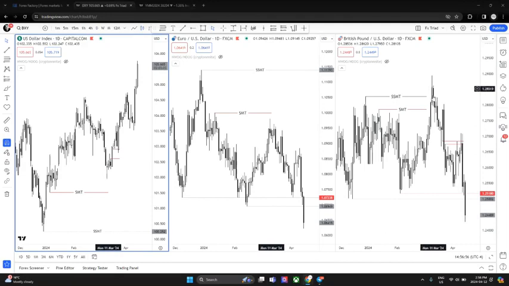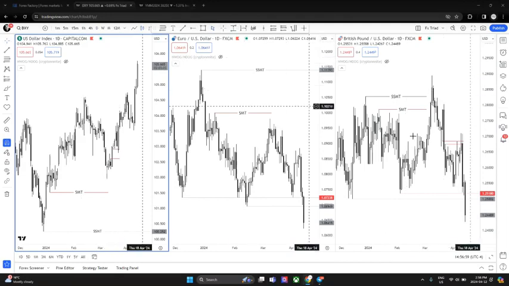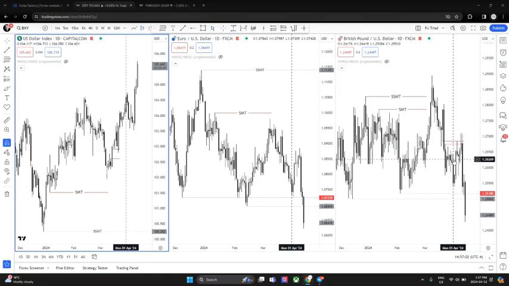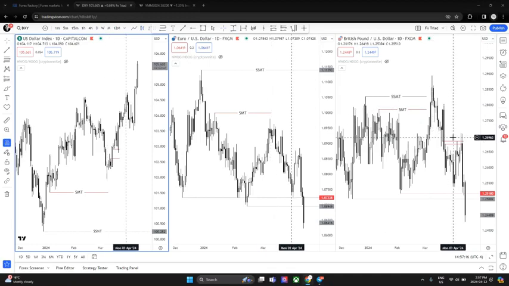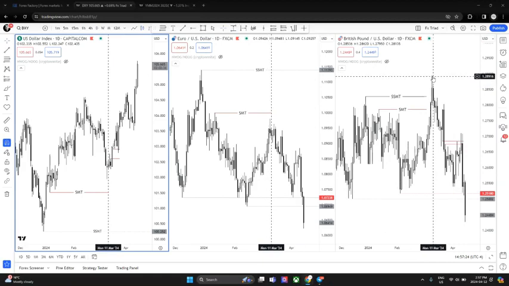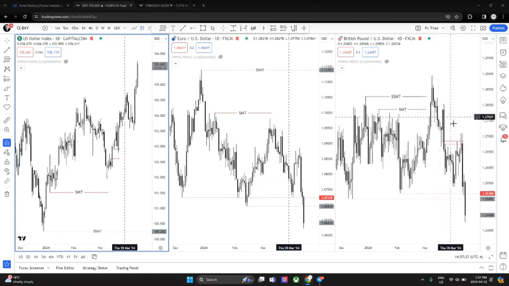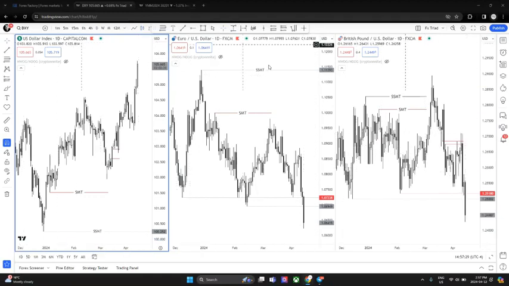This candle right here was a precision swing point. This was not. This was. Was this one? No. This down here was not greater than this, which is why price continued lower. You understand?